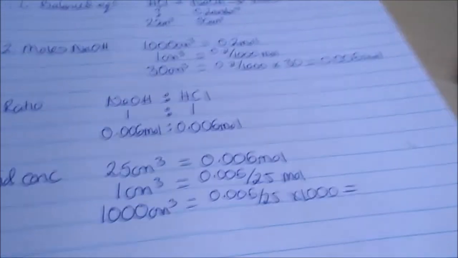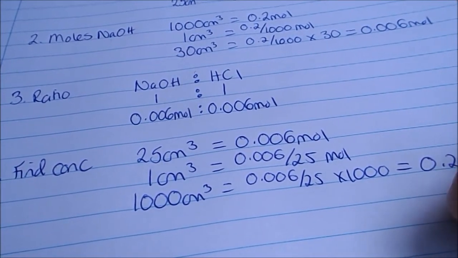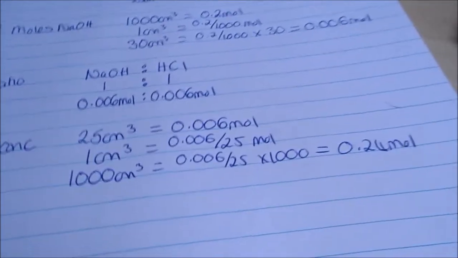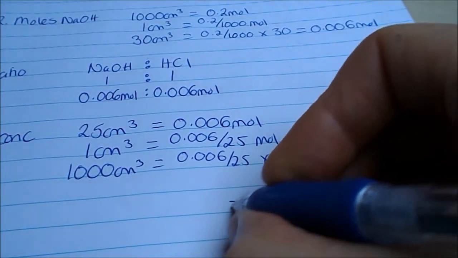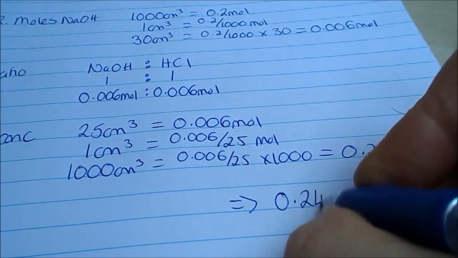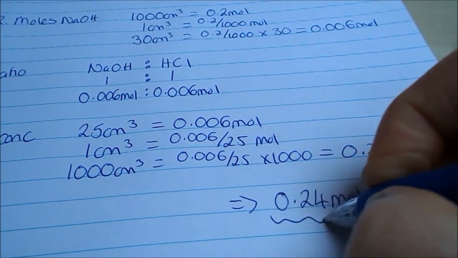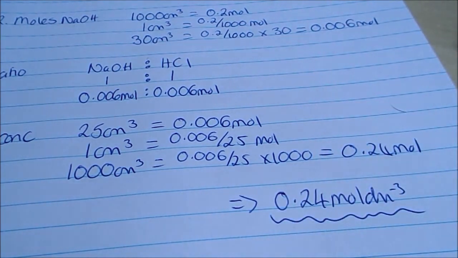And that number of moles is 0.24. Then we just need to remember to quote our concentration with the correct units. So 0.24 moles dm to the minus 3 is your final answer.